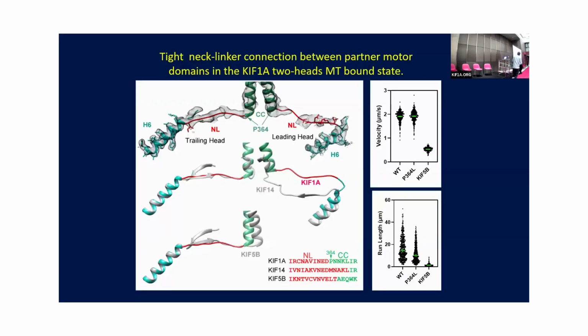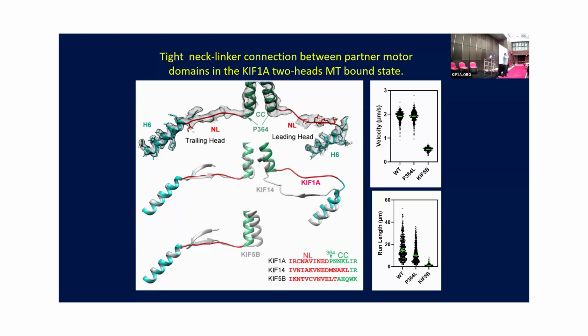So another interesting thing that we found, we have worked with other kinesin, but different. KIF1A has a very tight connection between the two motor domains. This is another kinesin, and you can see that this connection is very loose. And we have looked into other kinesin in which this connection between the two heads is longer.